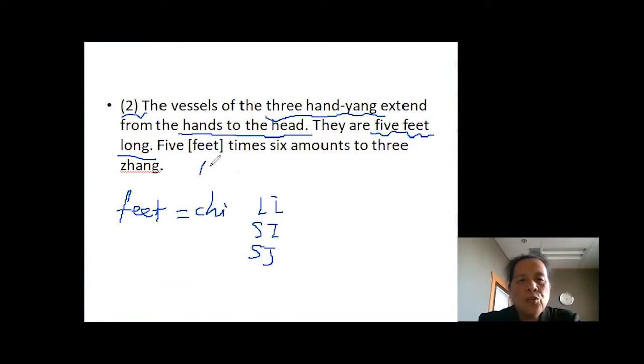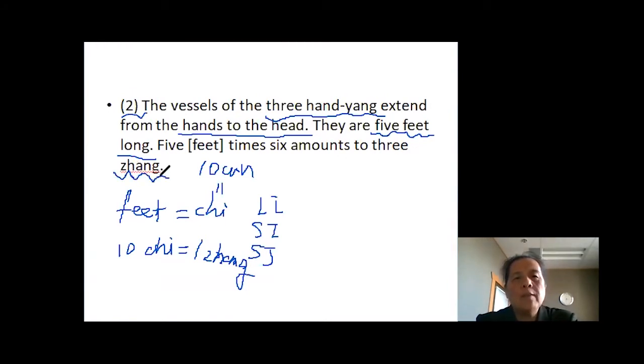We say 10 寸, we are pretty familiar with the 寸. 10 寸 equals 1 尺, and 10 尺 equals 1 丈. So those are the words they use here that we should understand.